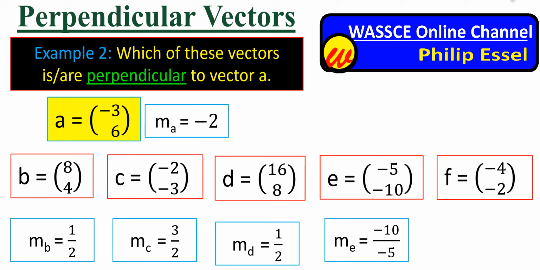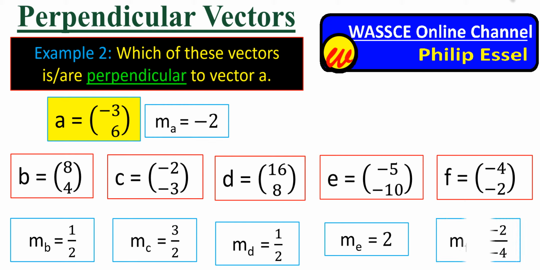The gradient of the vector E is negative 10 over negative 5. When you break this down, you would get 2. Finally, the gradient of the vector F is negative 2 divided by negative 4. When you break this down, you would get 1 over 2. Now we know the gradient of all the vectors involved.